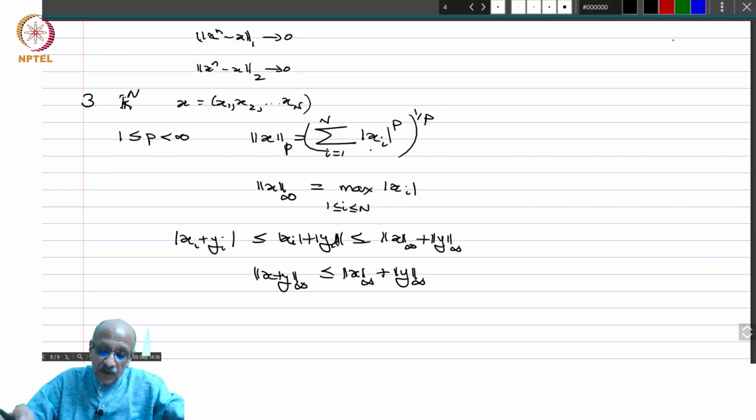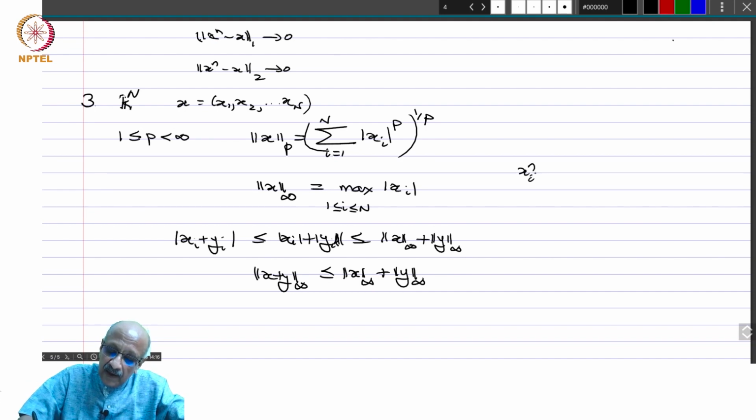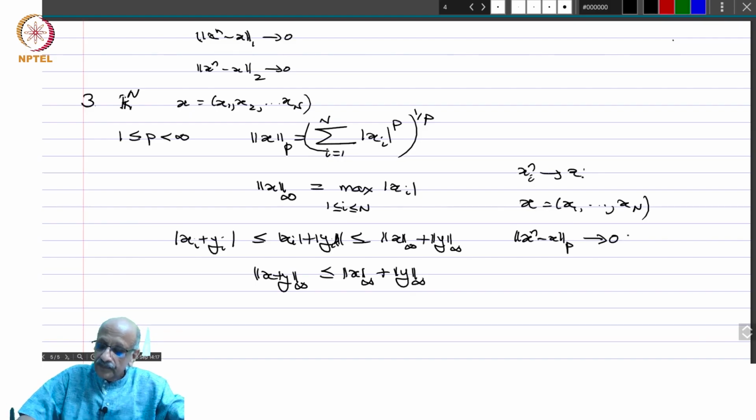Therefore they will all converge, since R is complete, C is complete, and component-wise you will have xn i converges to xi, and consequently if I define x as x1 to xn, then you will get norm xn minus x p goes to 0. These are very easy to check, and therefore our job will be complete.